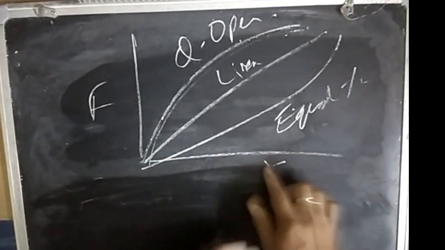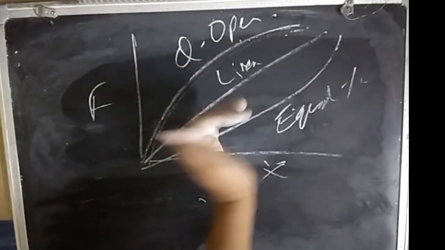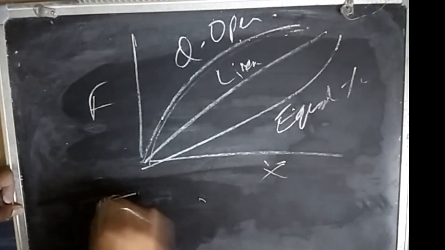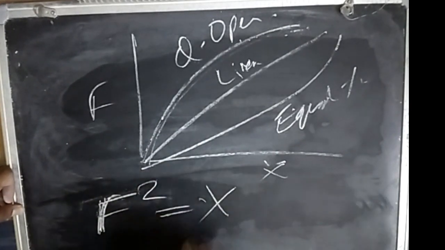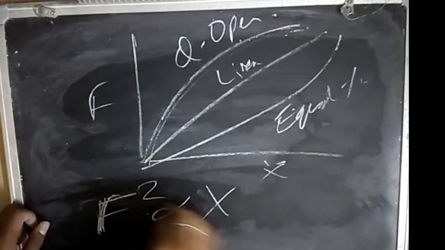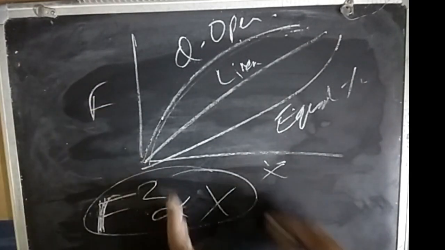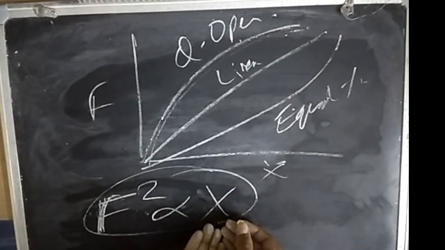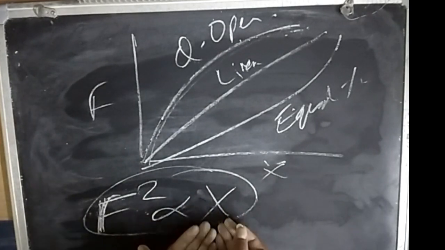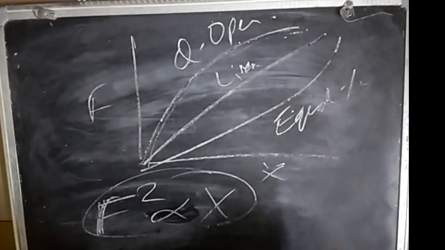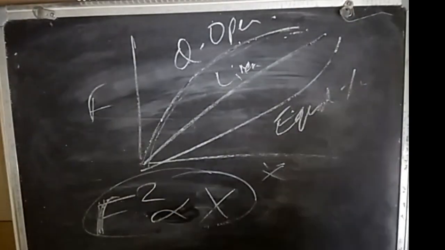What does it mean? It means for quick opening, this would open very quick. F square is directly proportional to X. This is for quick opening. Flow increases more for less X. Let's say X is increased by 2, but with F square, my flow is quickly increasing. So what is F and X here? Remember this graph.